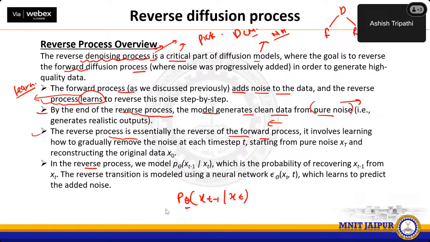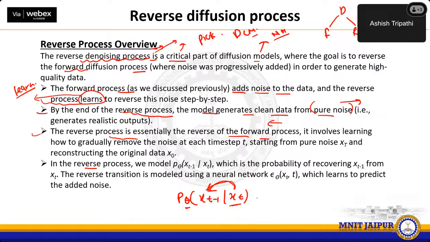Whether it is a UNet, a deep convolutional network, or whatever kind of model, that will depend upon your problem and data. But my ultimate aim is to have a trained model which can predict the data in the previous state. Given x of t, we need to predict the data in the previous state. That will be the ultimate goal.